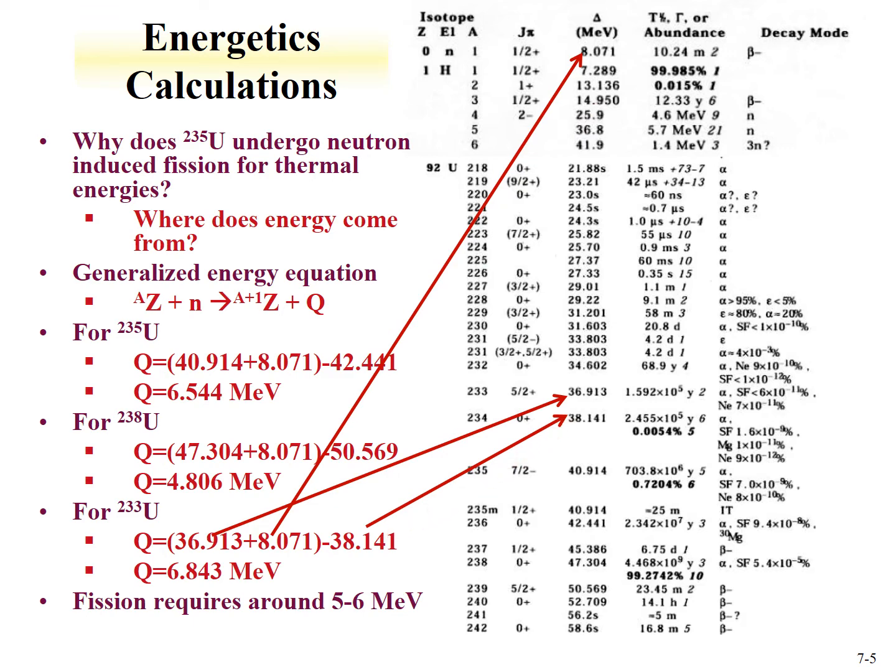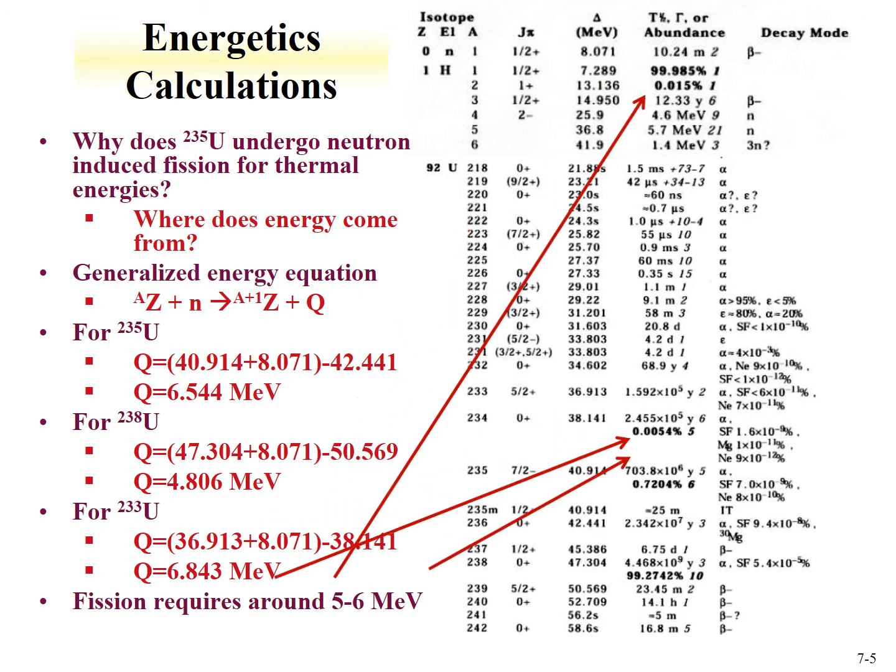We see the difference is that for the isotope that does not undergo fission from thermal neutrons, uranium-238, the Q value is 4.8 MeV, while for the isotopes that do undergo fission, both those Q values are above 6.5 MeV. It just happens that the fission barrier is between 5 and 6 MeV. So that pairing energy provides enough energy to have the isotope overcome the fission barrier and experience fission.